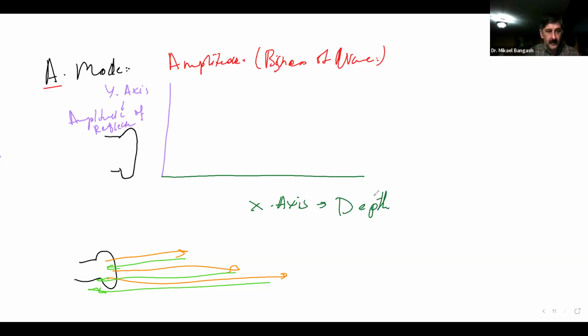So guys, this is the minimum depth, and we can say 1, 2, 3, 4, 5, 6, and so on, 7. Clear? Millimeters, centimeters, whatever.